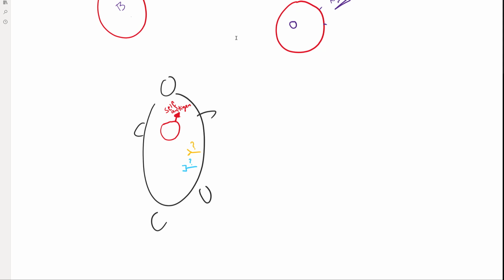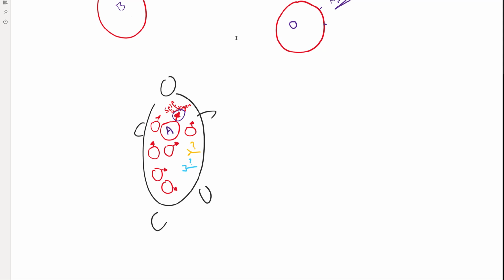What is the self antigen in this case? Let's assume that this is A blood type. So the self antigen is the triangle. And in this case, all of this person's red blood cells will have the triangle. All of them. None of them will display another antigen.